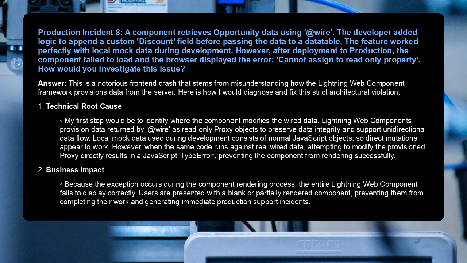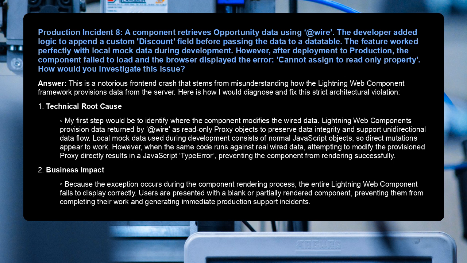Lightning Web Components provision data returned by @wire as read-only proxy objects to preserve data integrity and support unidirectional data flow. Local mock data used during development consists of normal JavaScript objects, so direct mutations appear to work. However, when the same code runs against real wired data, attempting to modify the provisioned proxy directly results in a JavaScript type error, preventing the component from rendering successfully.